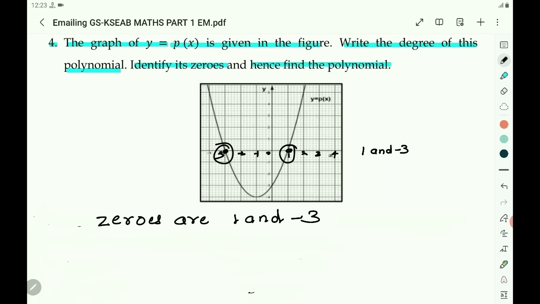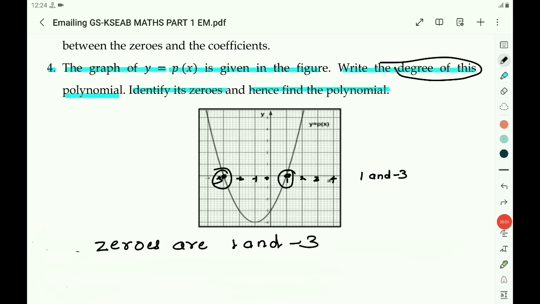Next, find the polynomial. And also we have to write the degree of the polynomial. To find the degree of the polynomial, we have to find the number of points at which the graph intersects the x-axis. Here at 2 points the graph intersects the x-axis, so the degree is 2.